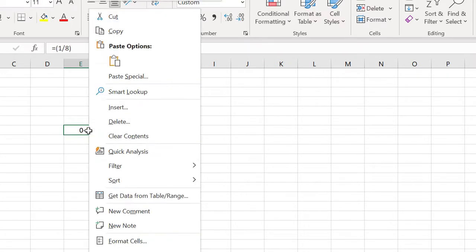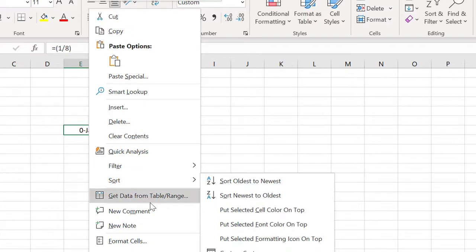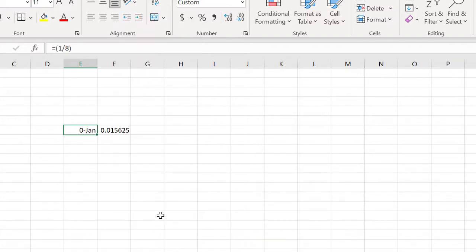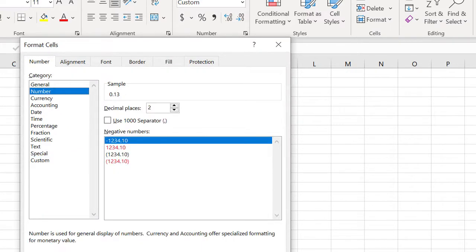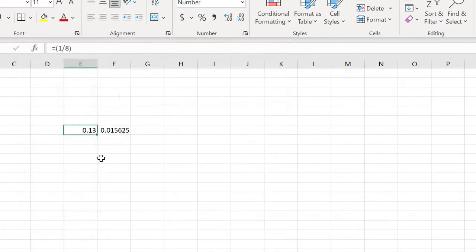Programming that as a date, that's interesting. Number. Okay, so there we go.